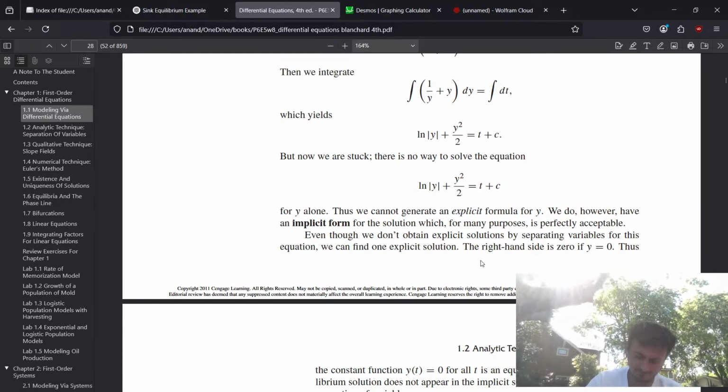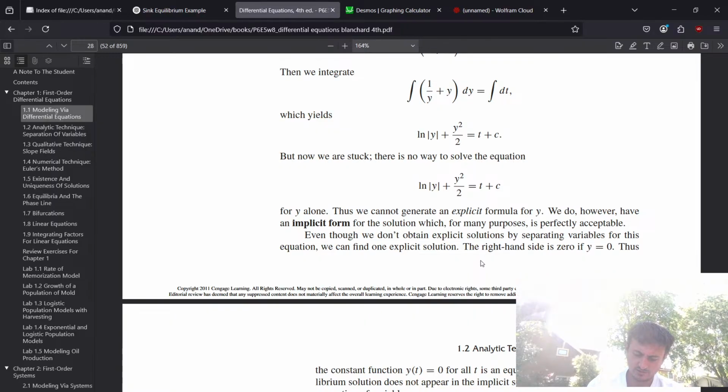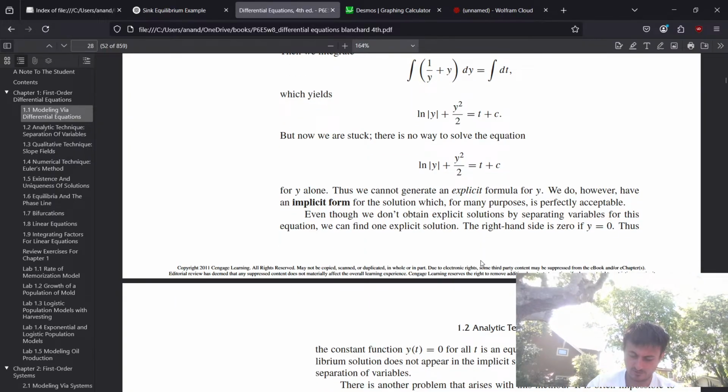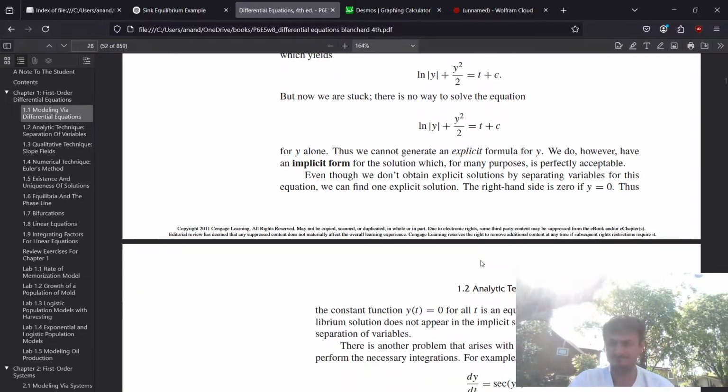Okay, implicit solutions are fine if we can't do better, which basically means, for example, ln of absolute value of y plus y squared over 2 is equal to t plus c.